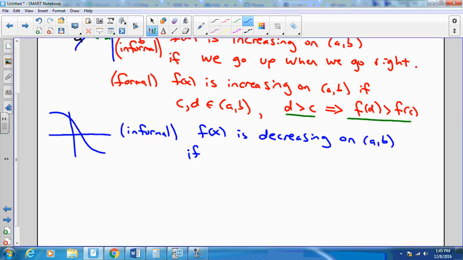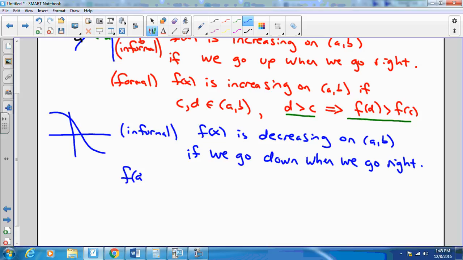If we go down, and we go to the right. That's right. We go down and we go right.